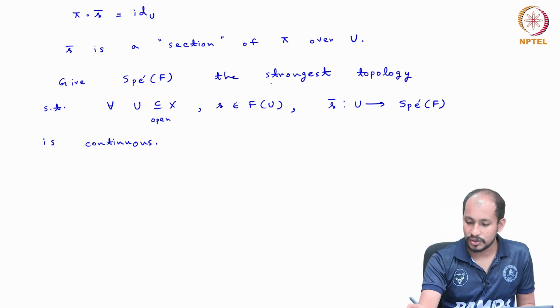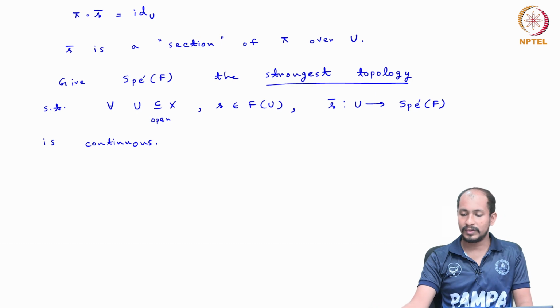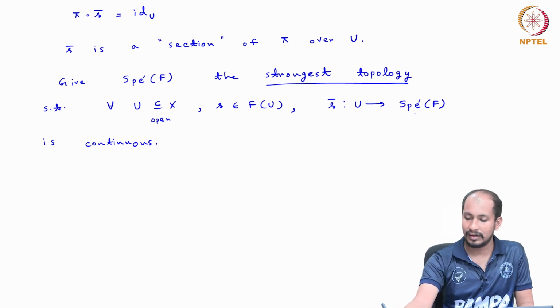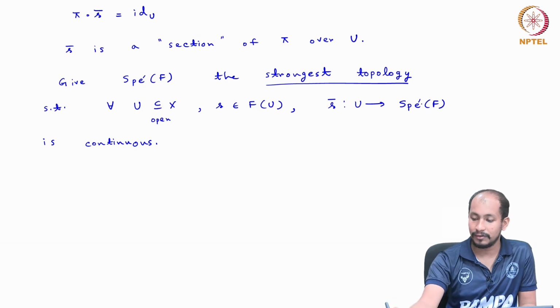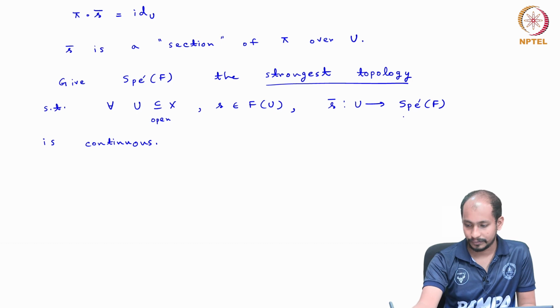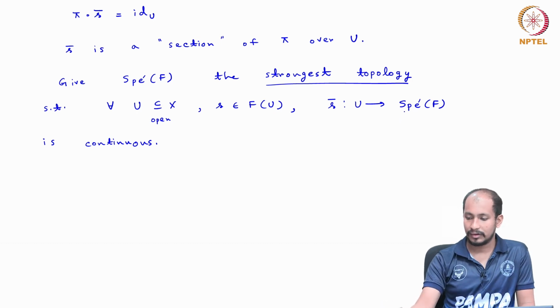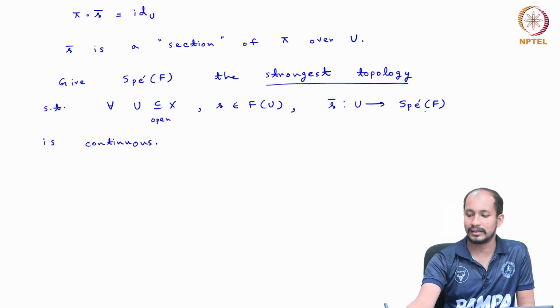Now, what does it mean by the strongest topology? The strongest topology means that any subset inside this Etale space is open if and only if, for each s bar, its inverse image is open. So a subset inside this Etale space is open if and only if its inverse image under all these s bar are open.